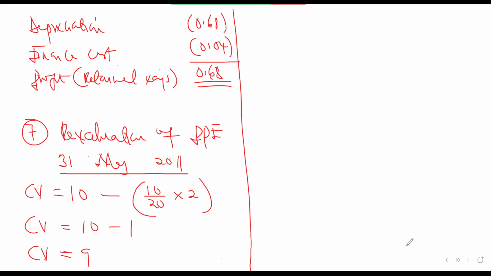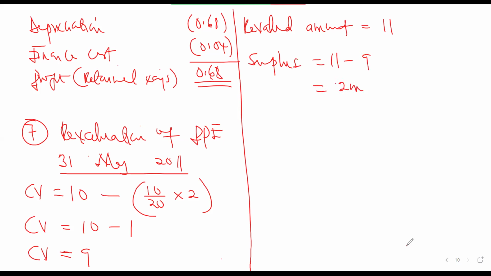So we now have our revalued amount. Our revalued amount is 11 million. Are we having a surplus or a loss? That's a surplus. We have a revaluation surplus of 11 million minus 9 million. That will give us 2 million. Is that correct?